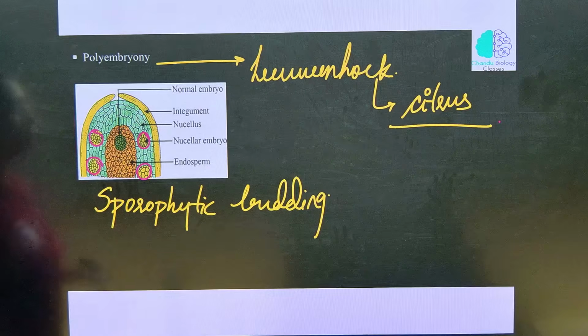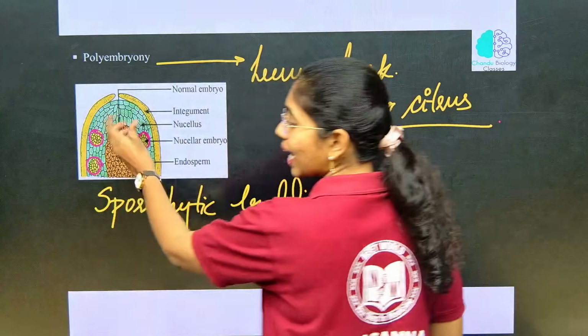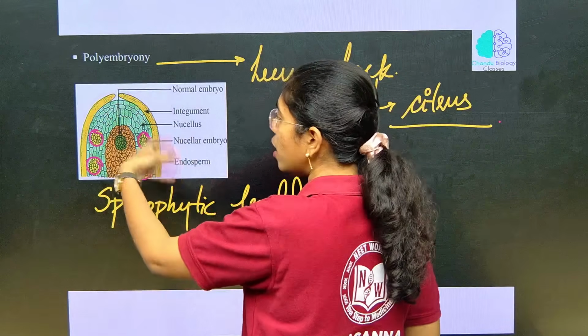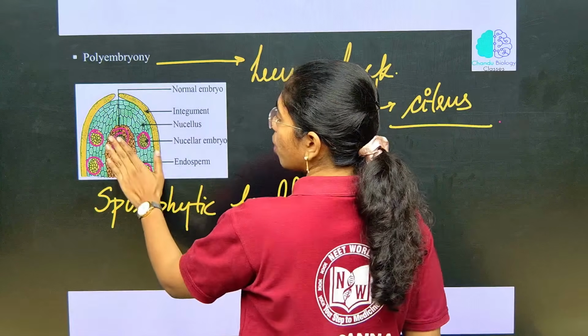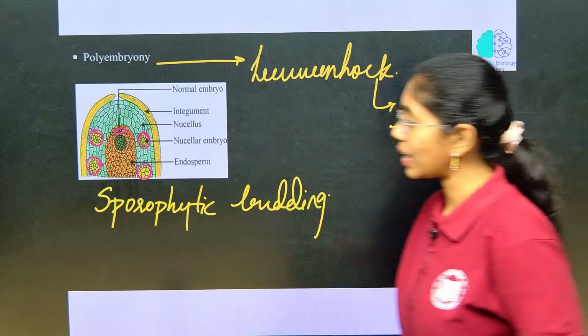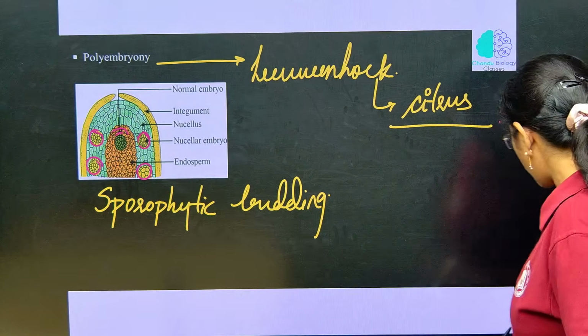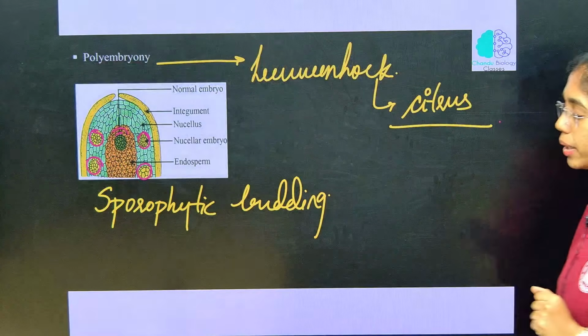Multiple embryos arise like buds from integumentary tissues and nucellus tissue. One normal embryo will be there, along with the normal embryo multiple embryos will be present in a single ovule, that is known as polyembryony. So, with this, special modes of reproduction, apomixis and polyembryony, are also done.